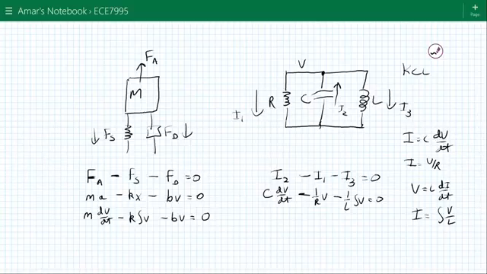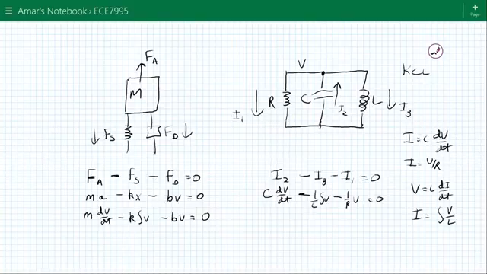Let me switch these two around, so let's make this I3 and make this I1, 1 over R times V. This is just so you can see the analogies between the two equations here.